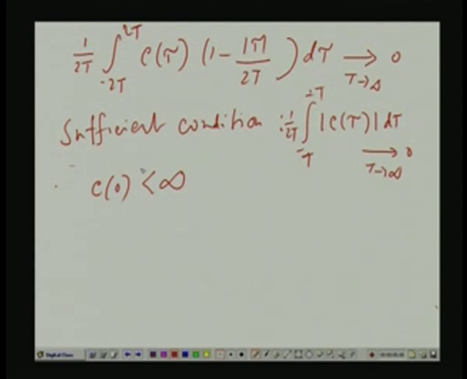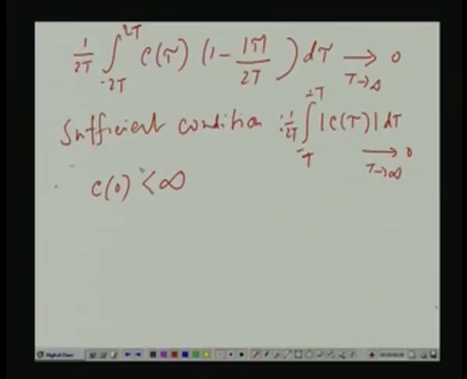Variance is the instantaneous AC power, you can say the expected AC power. You have a mean, and around the mean there is a fluctuation, that fluctuating part. That is the power C0 has. Obviously, for all real processes this cannot be infinity, so it is finite. Suppose this is true, and the other thing is C tau, if it is given that it tends to 0 as tau tends to infinity.